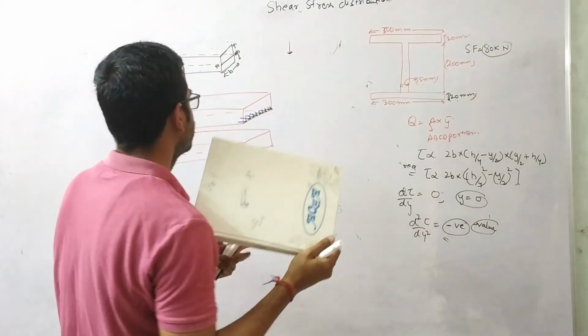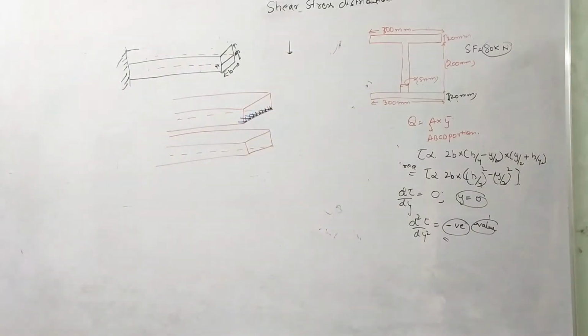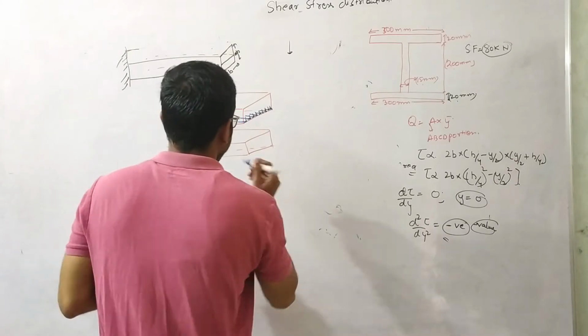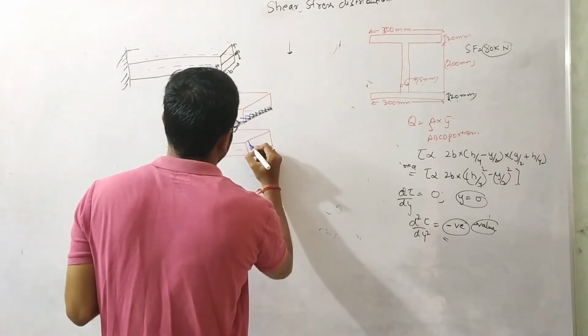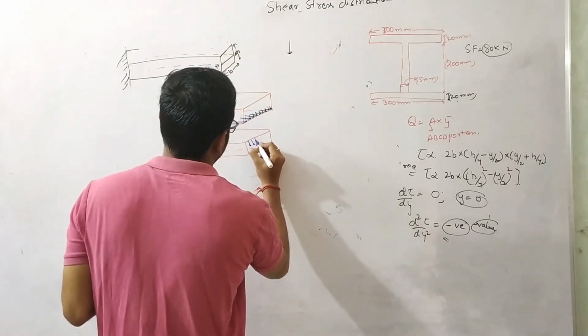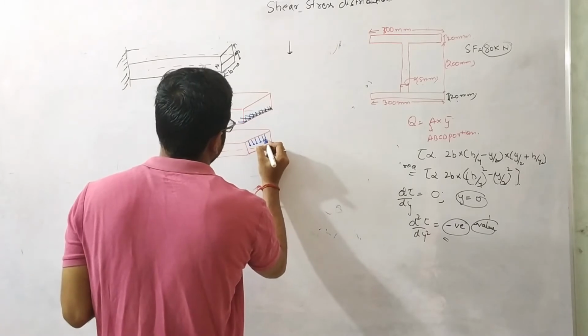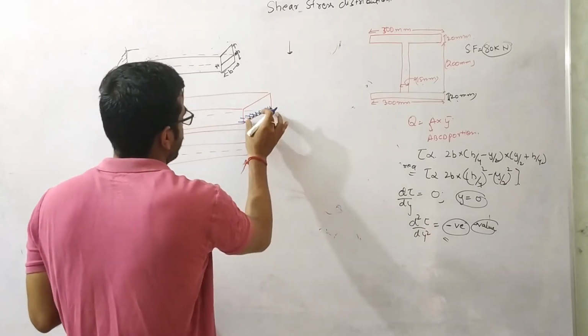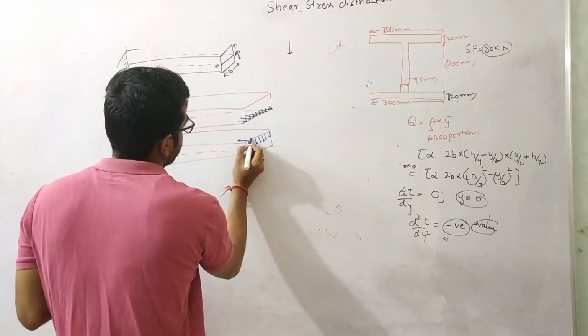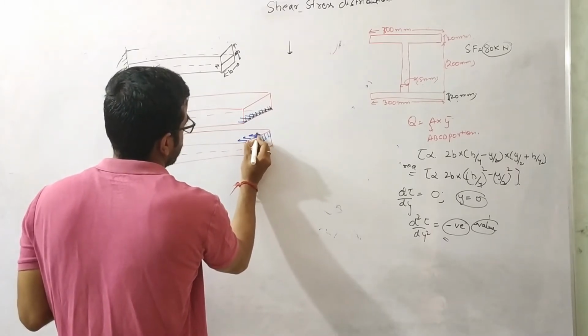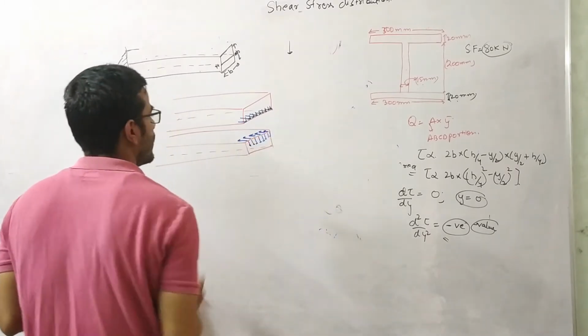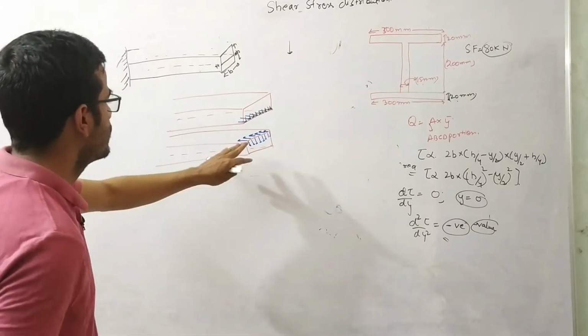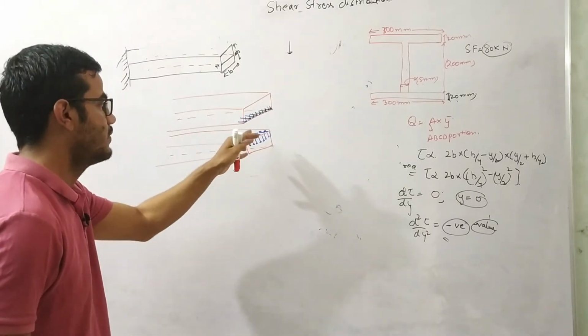So this is the horizontal shear stress. Similarly, at this portion the vertical shear stress will look like this, the magnitude will be the same, and the horizontal shear stress will look like this. This is the distribution of the horizontal shear stress across the beam.